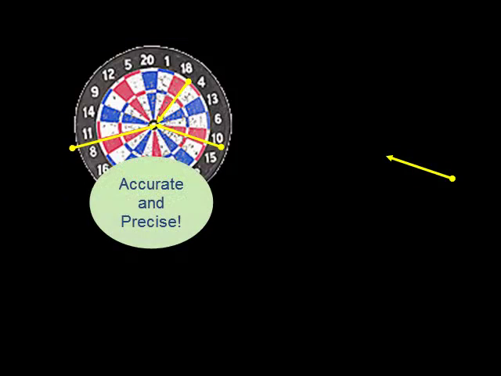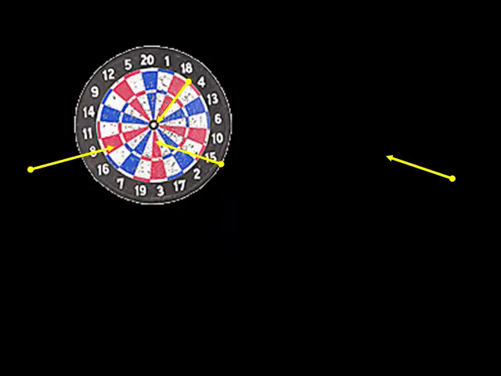First dart hits the bullseye, second dart hits the bullseye, third dart comes in and it hits the bullseye also. In science, we'd say this is both accurate and precise. We hit the mark, the bullseye, and all of our darts were really close to each other. That's precision. In this next example, the 3 darts thrown in these places were neither accurate nor precise.